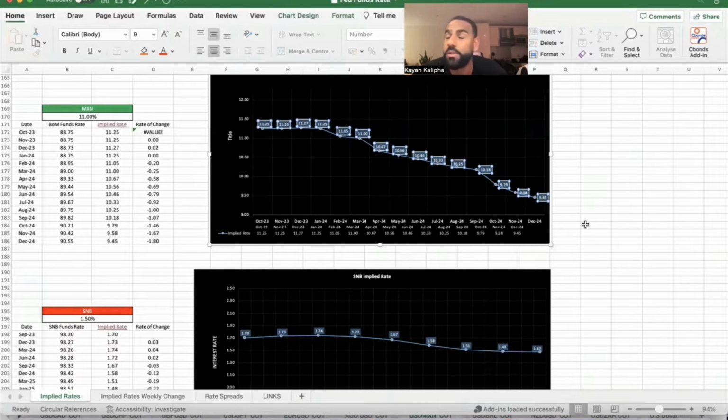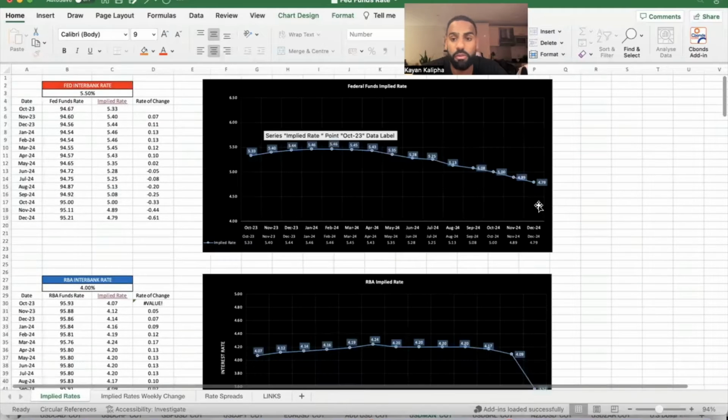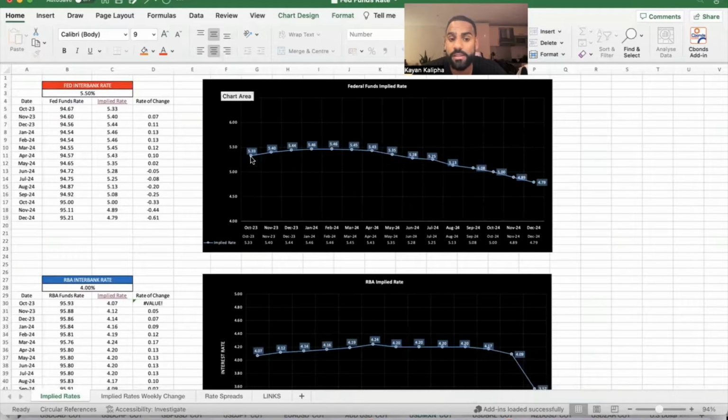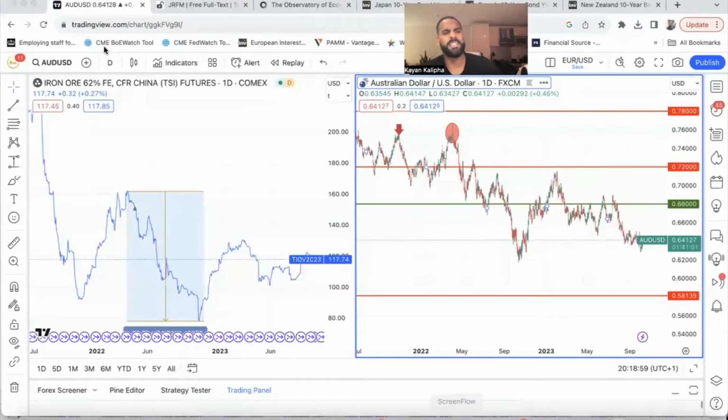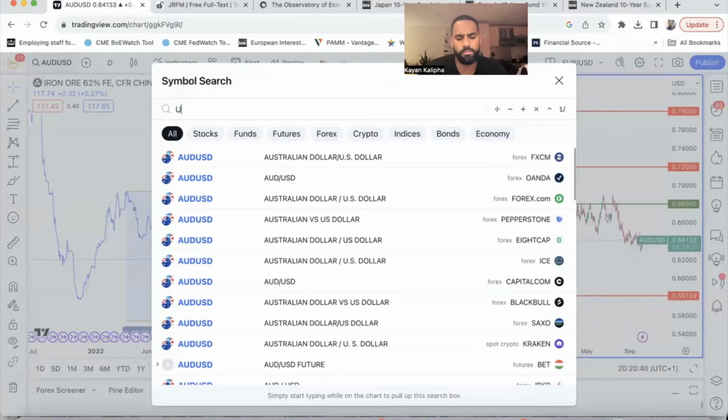So that is basically nearly 2% interest rate cuts expected by the end of next year. 2%. And in the US, there's only 75 basis points. So 0.75%.